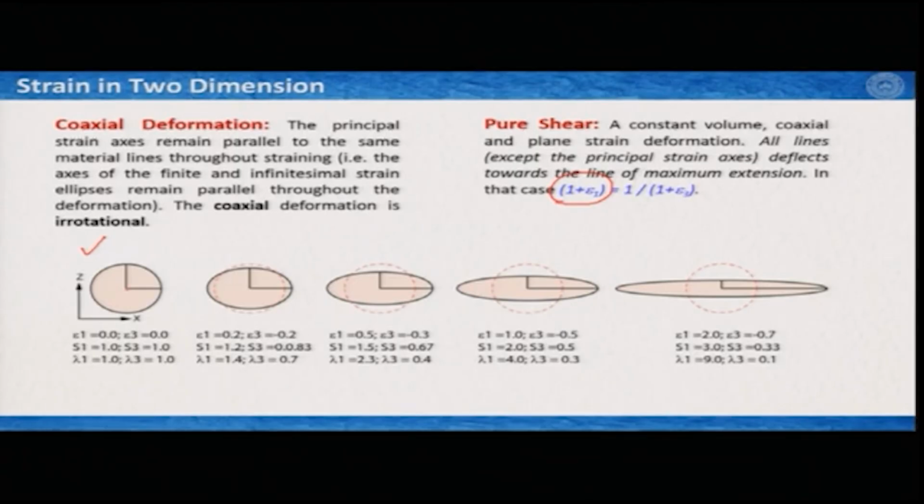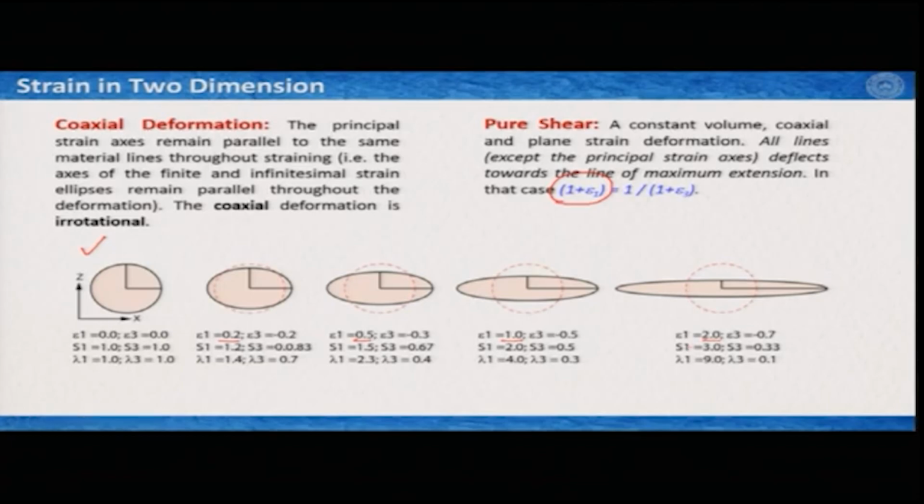What we see here, if we consider the x-axis, then this has experienced strain 0.2, this has experienced strain 0.5, this has experienced strain 1, and this has experienced strain 2.